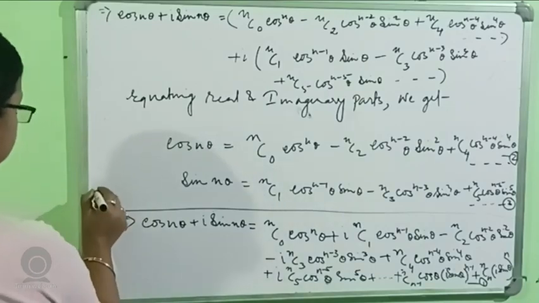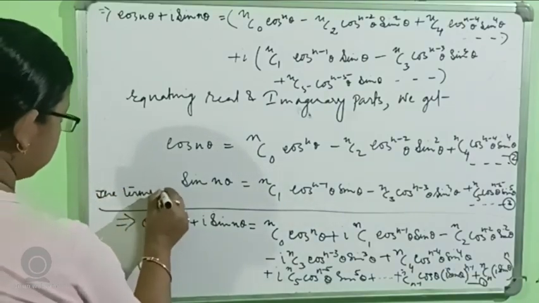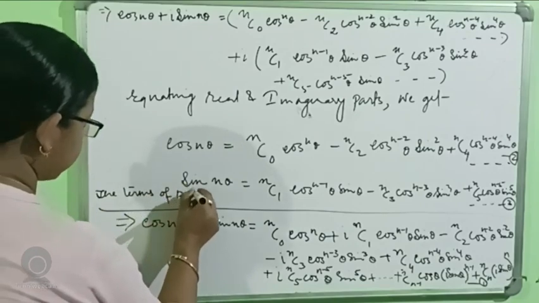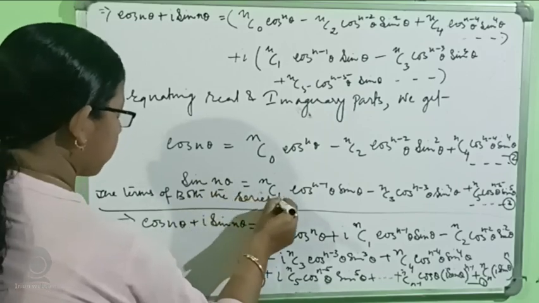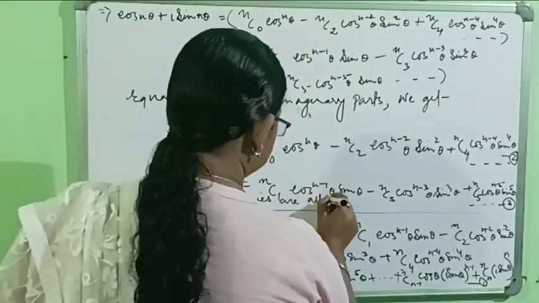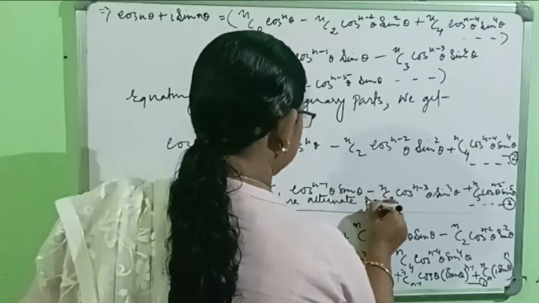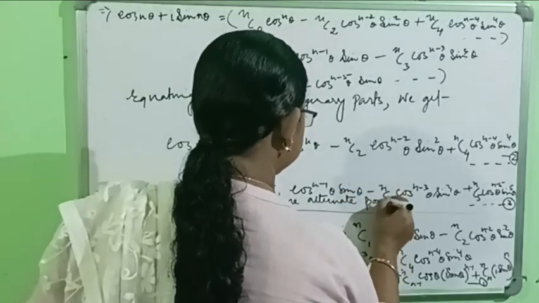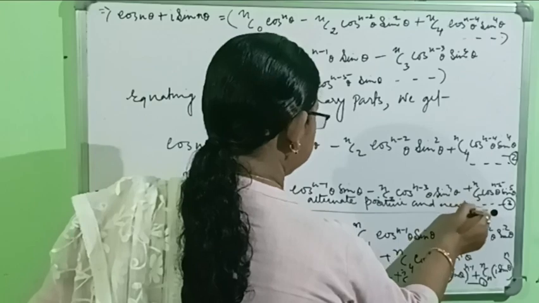So write: the terms of both the series are alternately positive and negative.